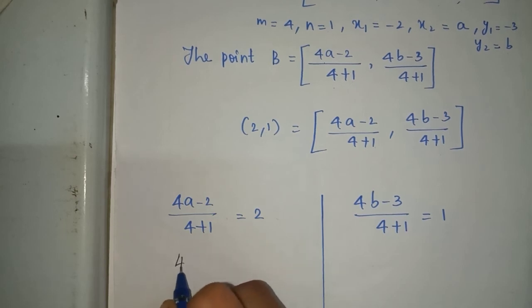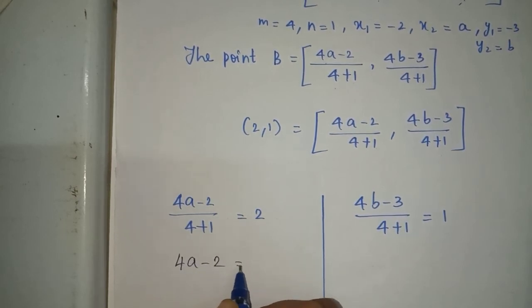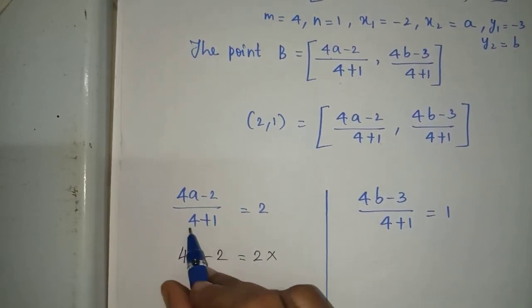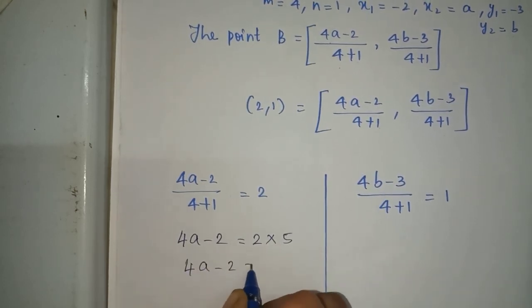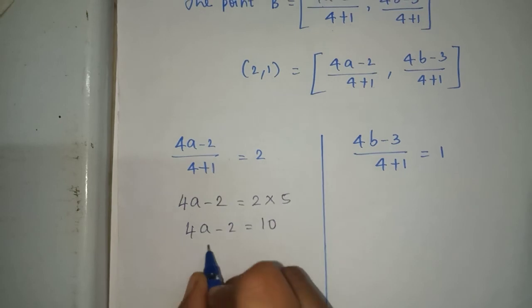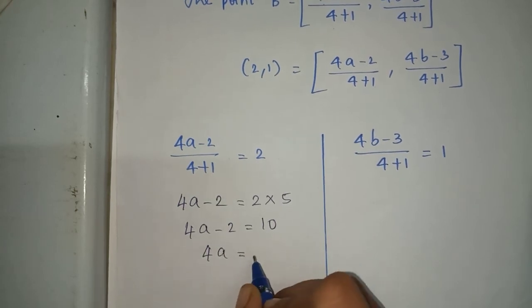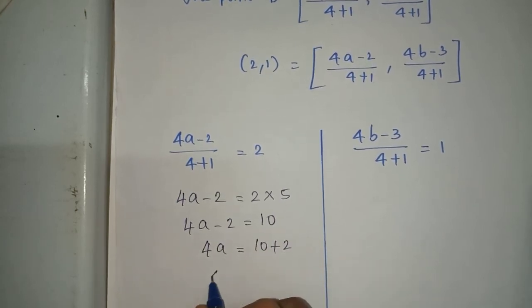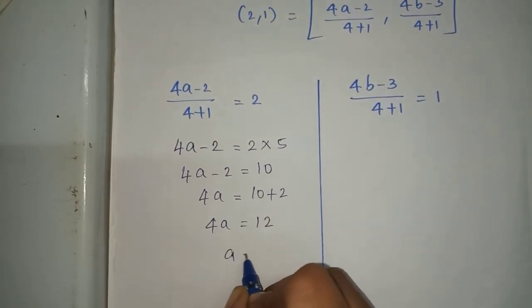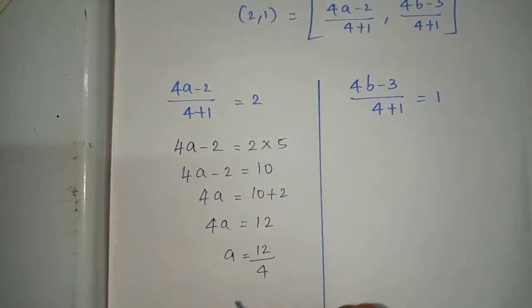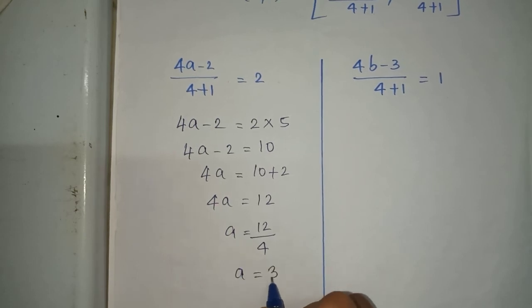So, cross multiplication, 4a minus 2 is equal to 2 into 4 plus 1 is 5. 4a minus 2 is equal to 10. 4a is equal to 10 plus 2. 4a is equal to 12. a is equal to 12 divided by 4. The value of a is equal to 3.